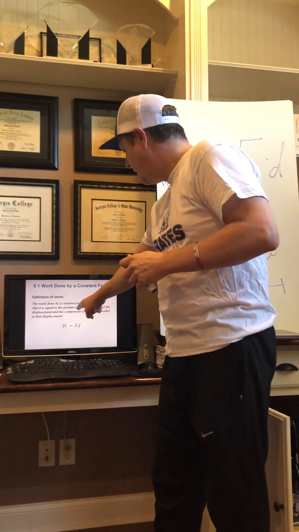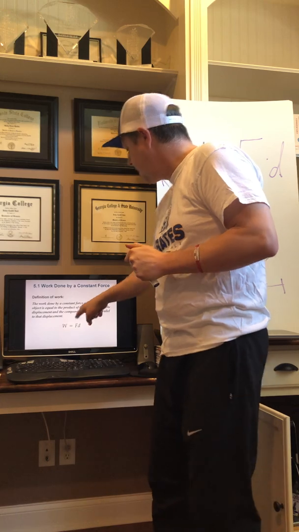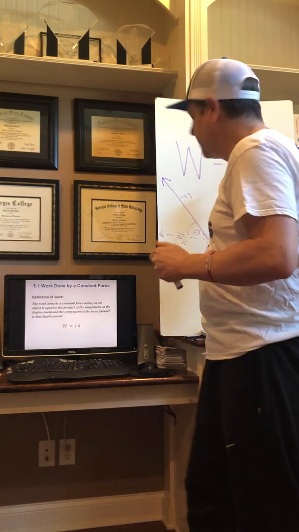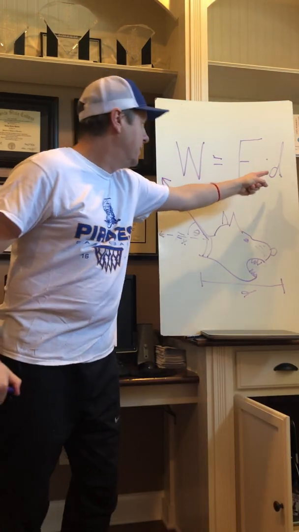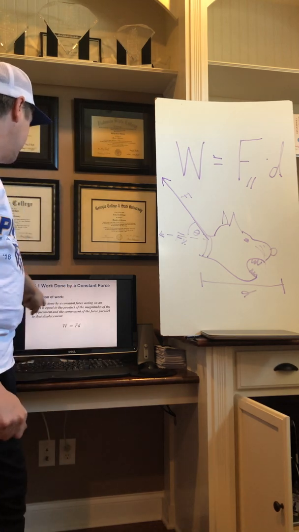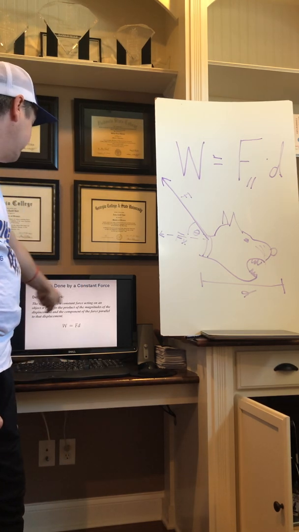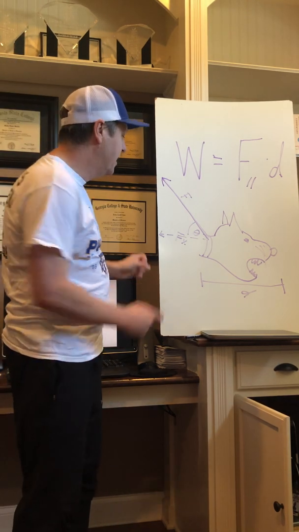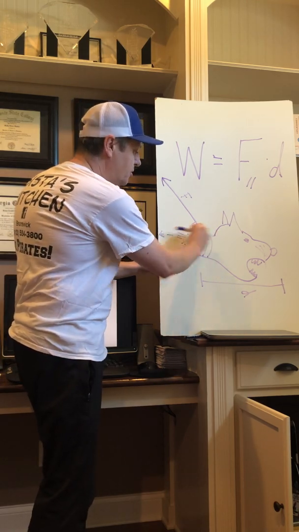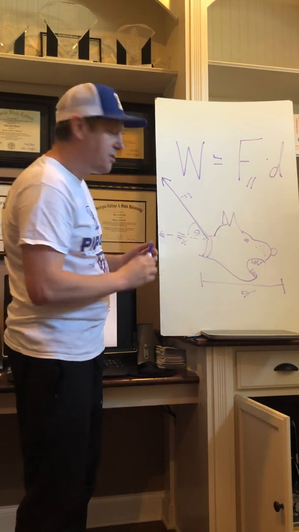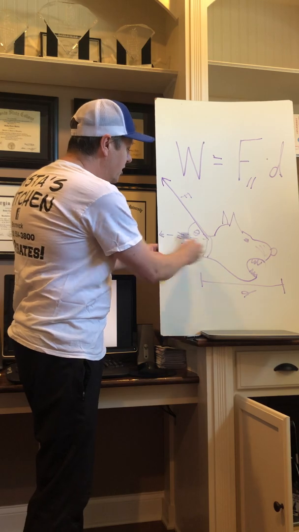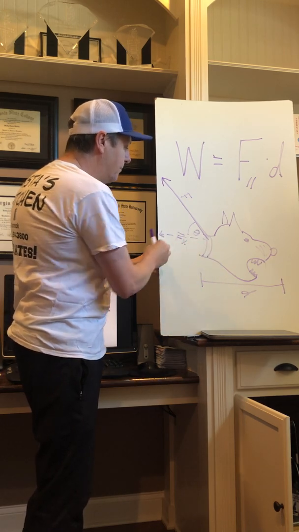It says it's equal to the product of the magnitudes of the displacement, so there's my displacement, and the component of the force parallel to that displacement. If it's the whole force, you just use that one and multiply it by the displacement. But if it's two-dimensional, you may have to resolve it and find that component.